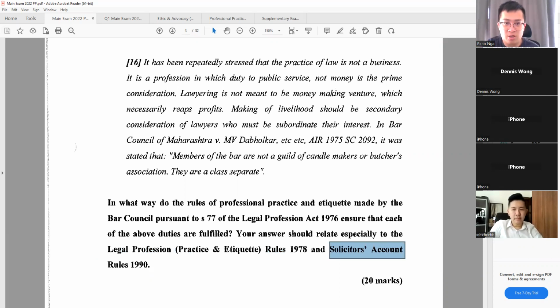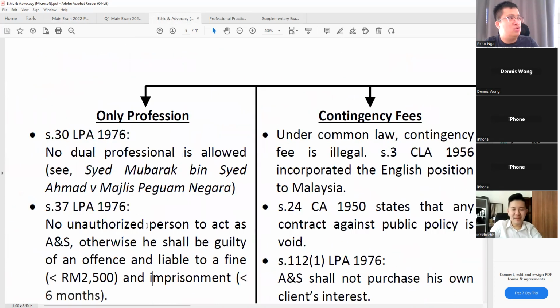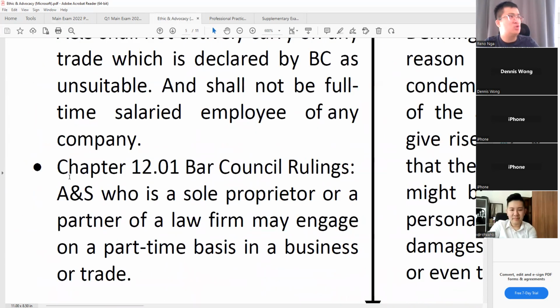Okay, I saw a question: can a lawyer be a Grab driver on weekends? Very good question. Actually, I think the Bar Council also knows our salary is quite low, so they are lenient on certain people who can do part-time. Pursuant to Chapter 12, 0.1 Bar Council ruling, an advocate and solicitor who is a sole proprietor, like me, or a partner of a firm, may engage on a part-time basis in business or trade.